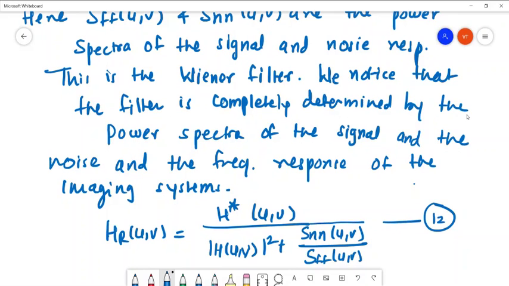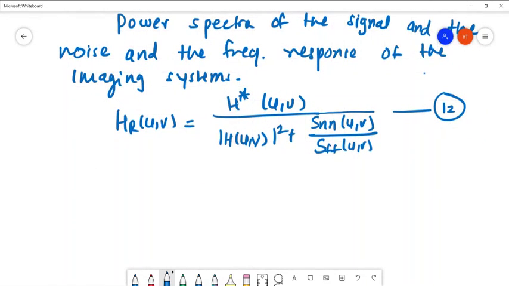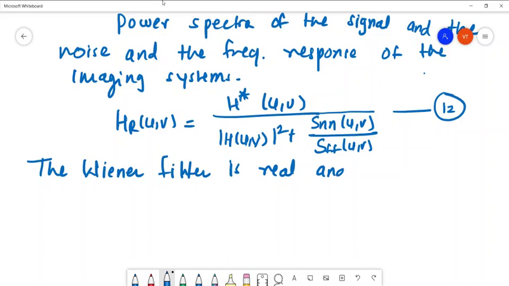This is equation number 12. So the Wiener filter is real and even.